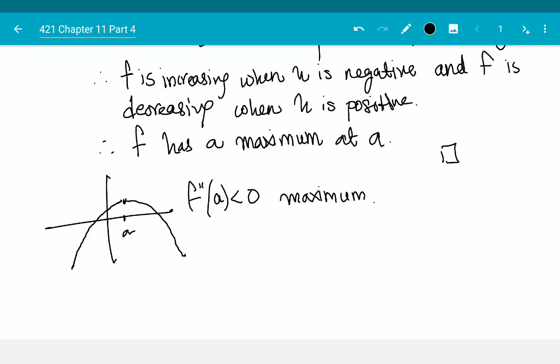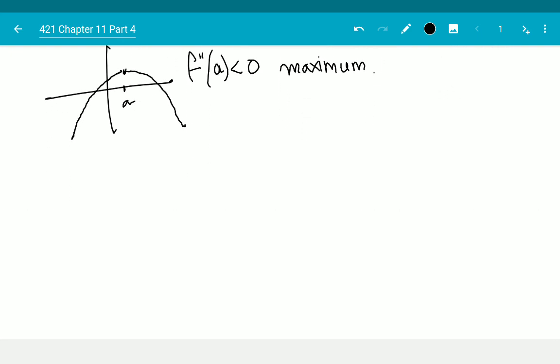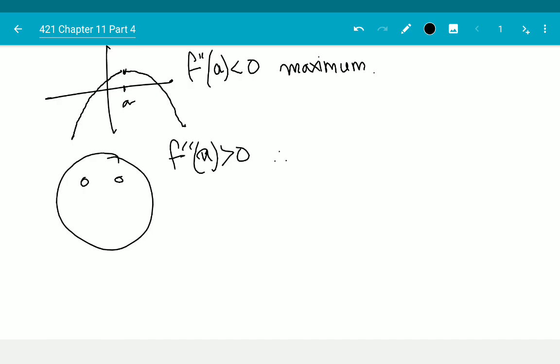Okay, so one of my old professors had a really fun way of explaining this to remember which one is a maximum and which one means a minimum. And here was the method. F double prime of a greater than 0, therefore positive, therefore happy.